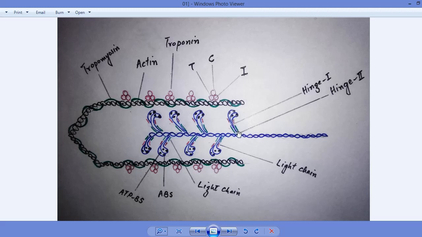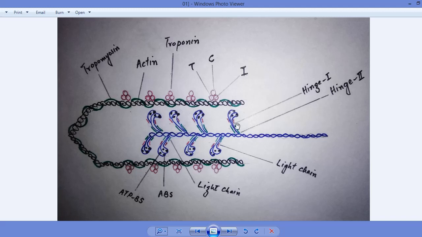This is the arm of the myosin, and this is the head, which is made up of two heads. The neck area and the arm area have two light chains, the light chain in green color and the light chain in red color.